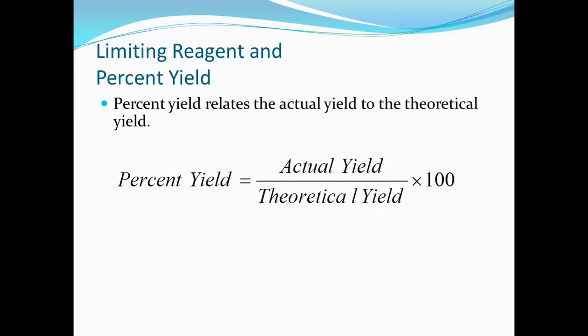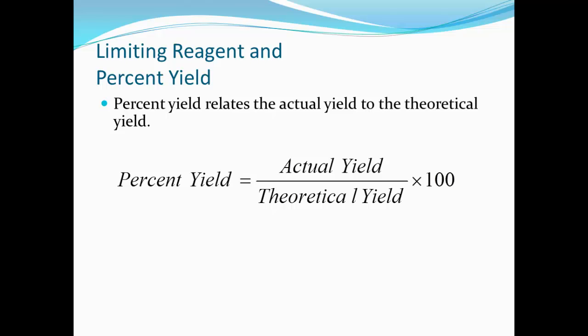Now, a lot of times what scientists want to do is be able to determine how well they did their chemical reaction. And we're always trying to get the highest percent yield. This would be like you on a test. Theoretically, everyone on a test should get 100%. They should get all of them correct. But in actuality, a lot of people get different grades. You might miss 1 or 2 questions, which would alter your percent yield, meaning your percent that you got correct.